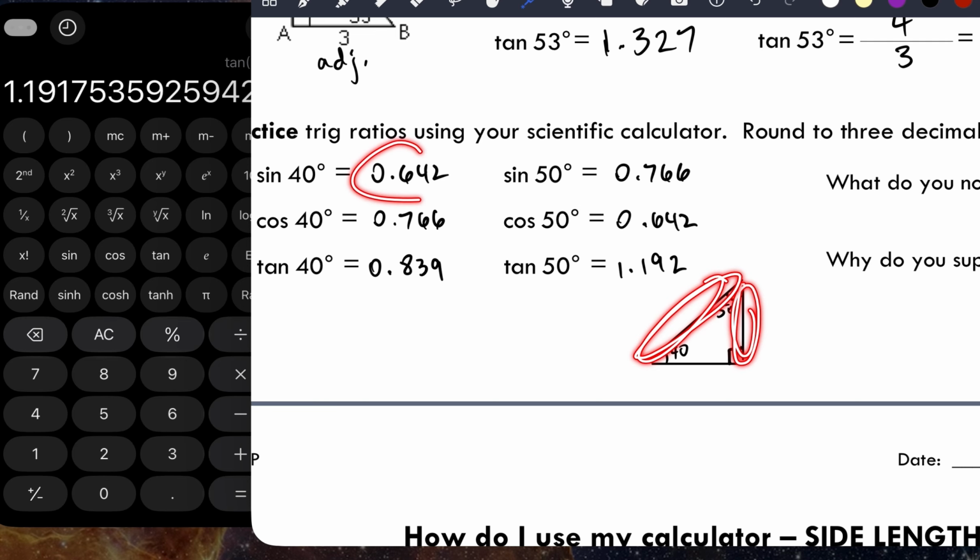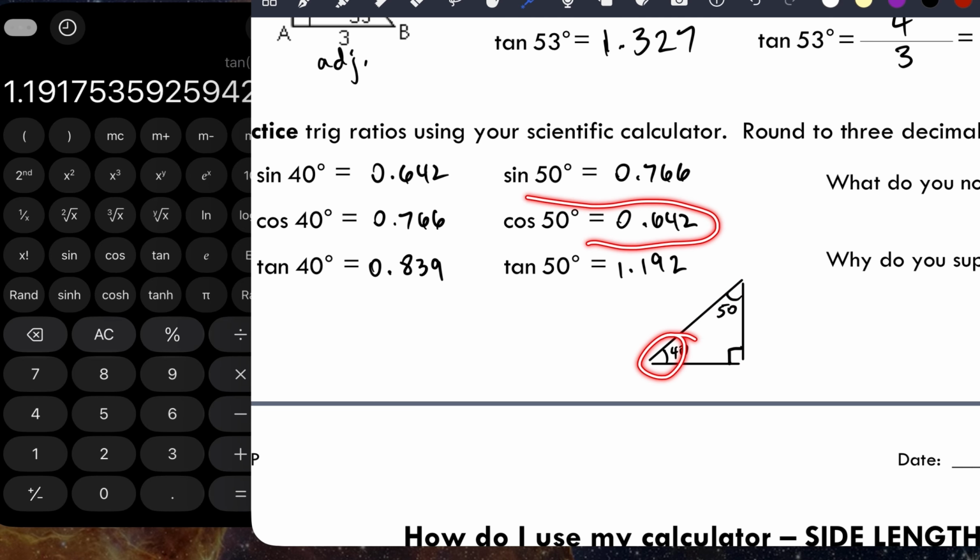And if you get 0.642, then you do the cosine of 50 degrees. The cosine is the adjacent side of 50 degrees over the hypotenuse, which is the same 2 sides as the sine of 40. So you do get the same answer. And you can use the same argument for cosine of 40 and the sine of 50.